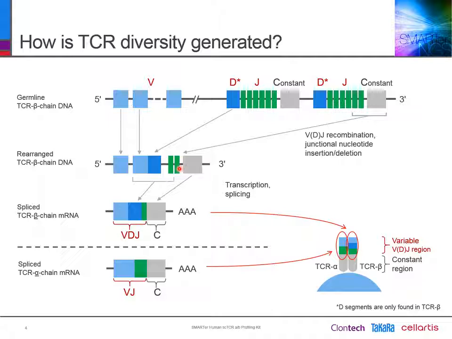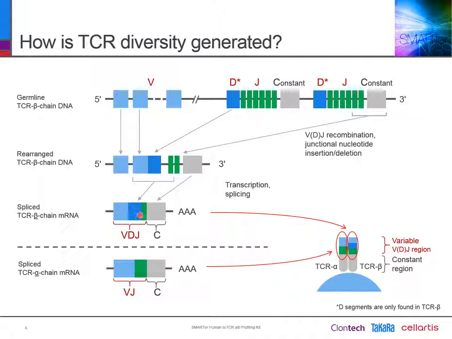In addition, there are additional mutations that happen at the junction region, giving rise to the final gene segment shown here. Then there is transcription and splicing occurring, which gives rise to the final product shown here, the VDJ in case of TCR beta and VJ in case of TCR alpha, followed by the constant region sequence. The functional receptor, again shown here, is a heterodimer of alpha and beta.